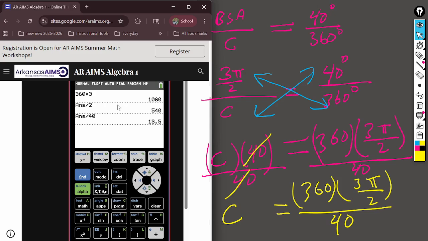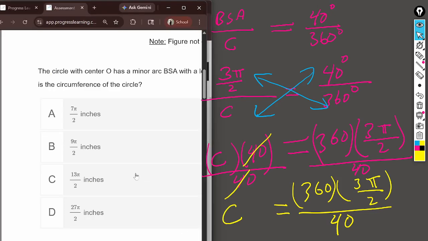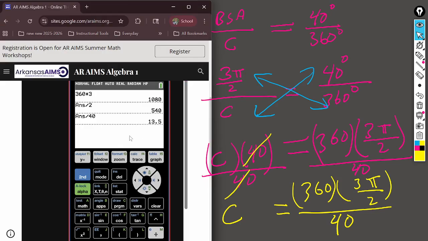So we get 13.5. Going back to the options, we can see that here is the right answer, which is 27 over 2, since 27 over 2 is the same as 13.5. So the answer finally will be 13.5, or we can say 27 over 2.